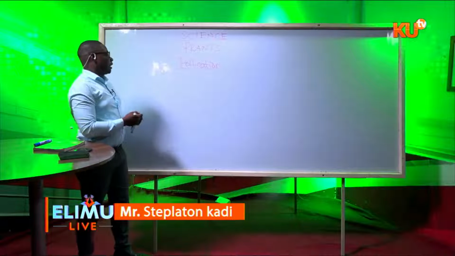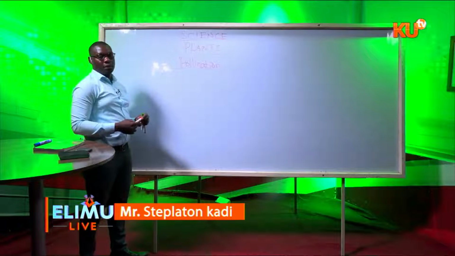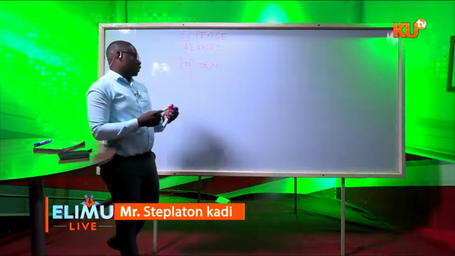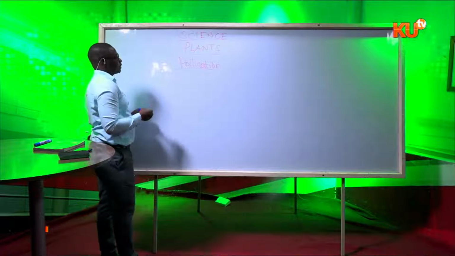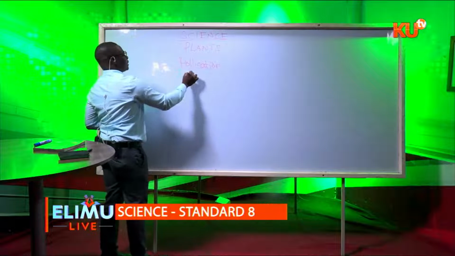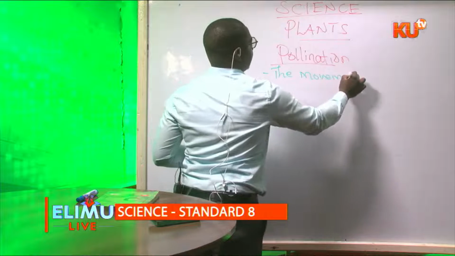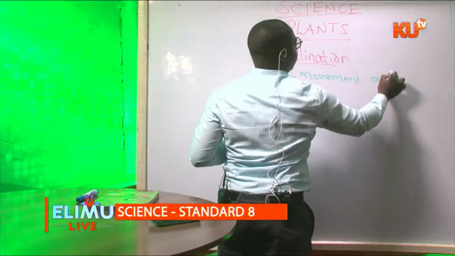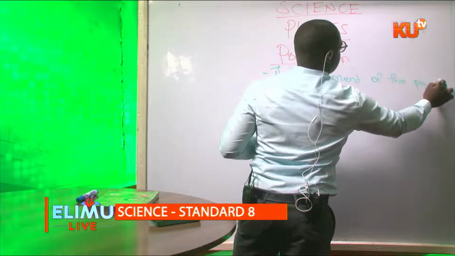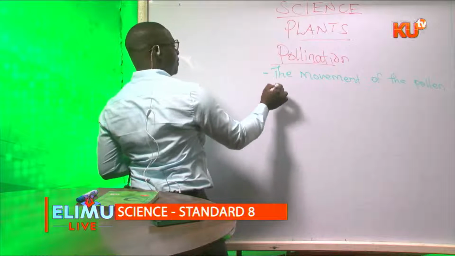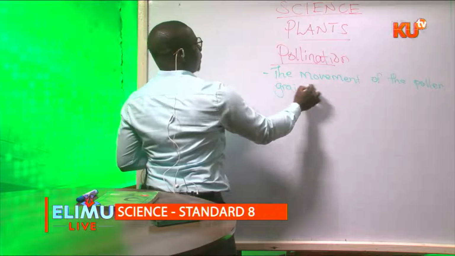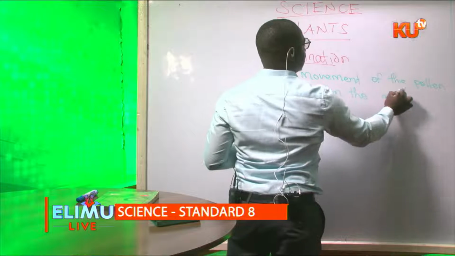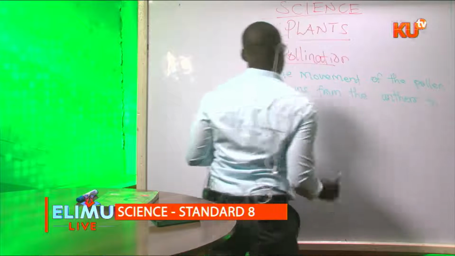So when we look at pollination, we first of all define what pollination is. Pollination, by definition, is the movement of the pollen grains from the anthers to the stigma.